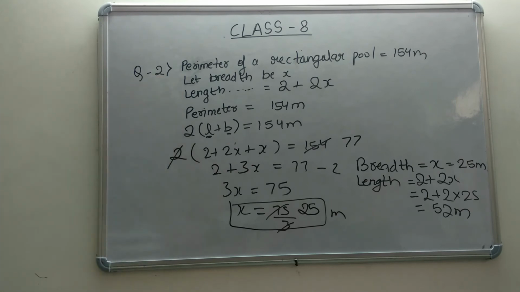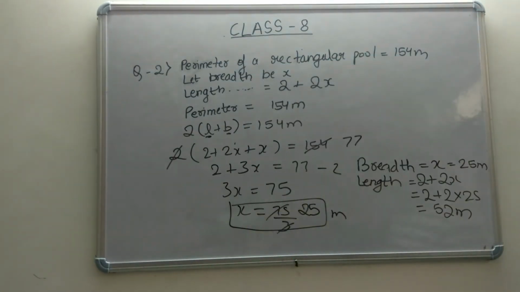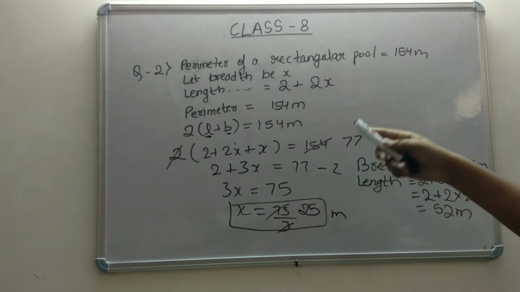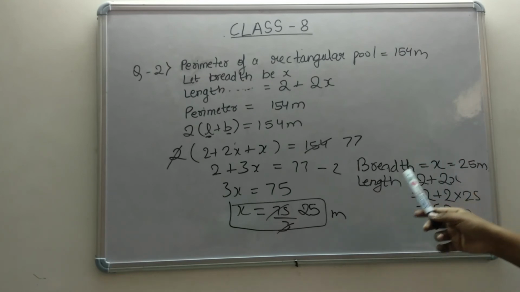Since the relation was given like the length is 2 plus twice the breadth, it was given in terms of breadth. So we can take breadth as x and length we can find out if we know the value of x, because twice the breadth plus 2. So this is how we found length. Then we will apply the formula of perimeter and we will get the value of x. Then you can find the length and breadth both.